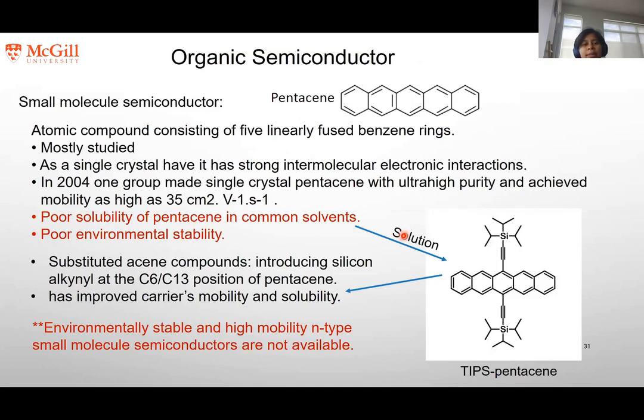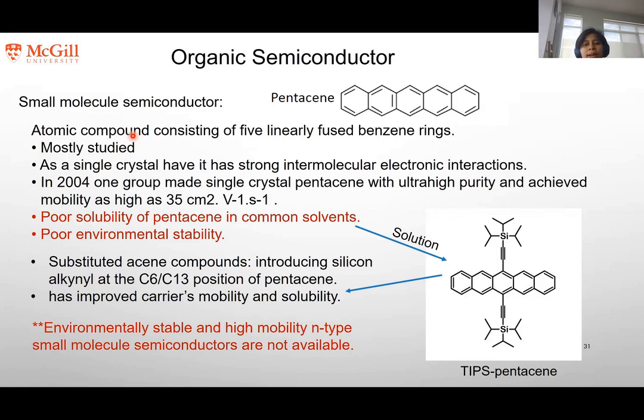For organic semiconductor, I'm going to give an example which can be commonly used to make our devices. It's called pentacene. It's a compound that consists of fused benzene rings. It is probably the most studied small molecule semiconductor.